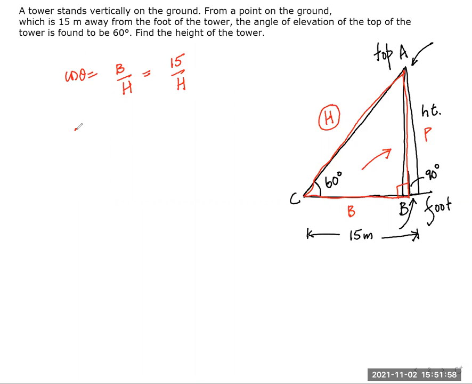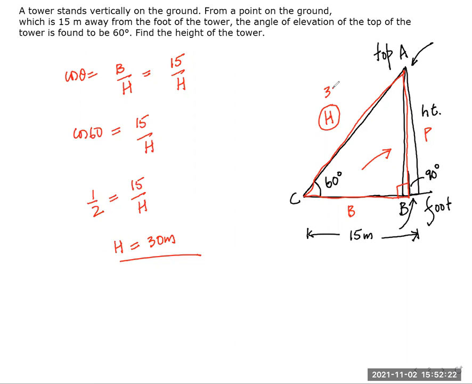Now, theta is 60, so cos 60 is 15 by h. Now, students, sine 30 is 1 by 2, so cos 60 is also 1 by 2, equal to 15 by h.